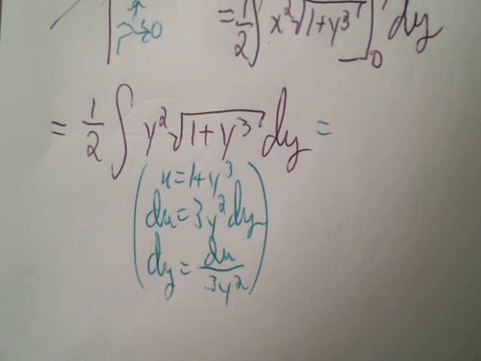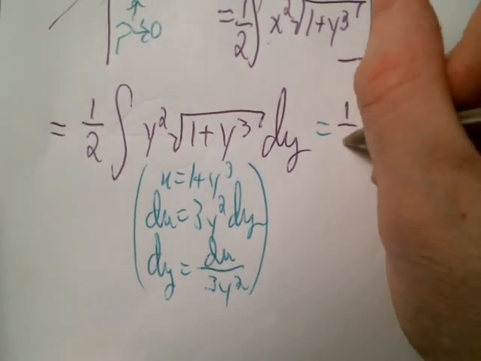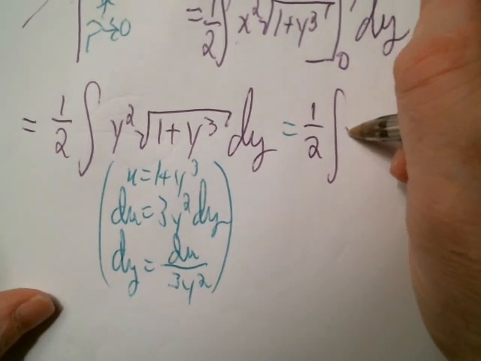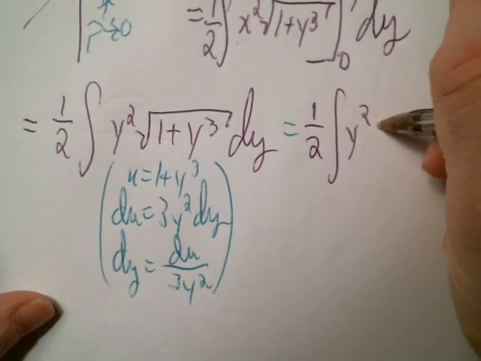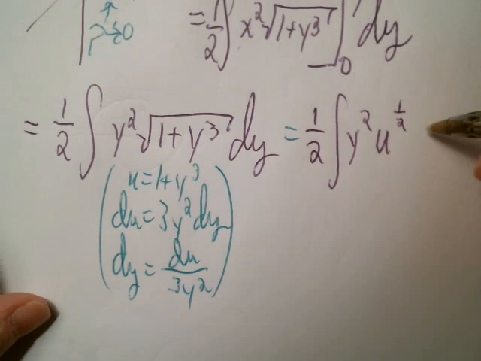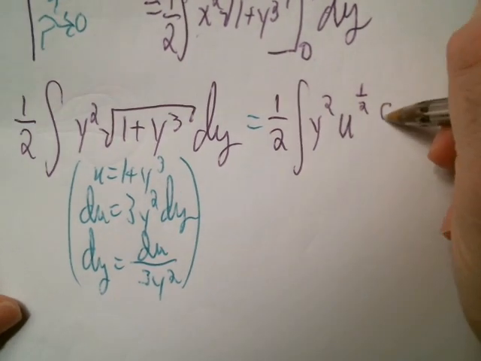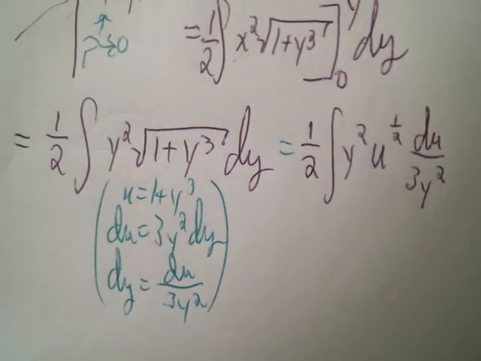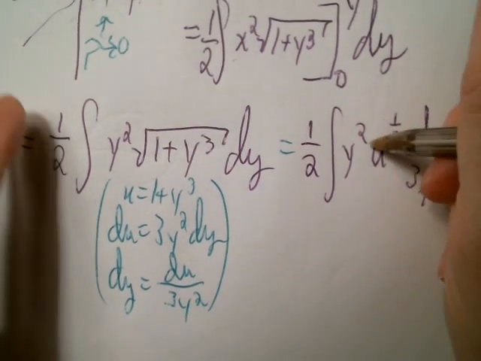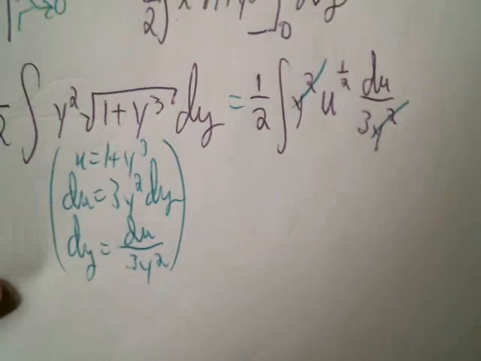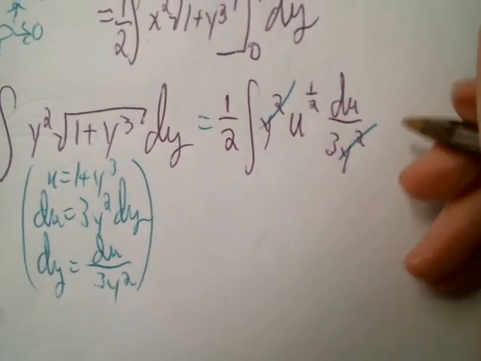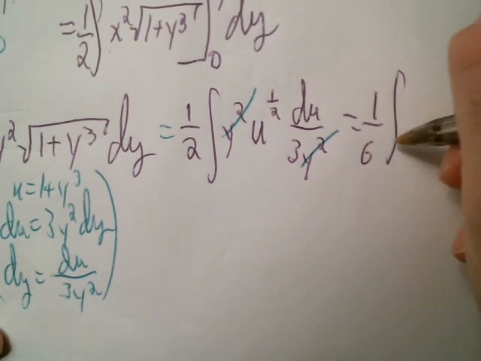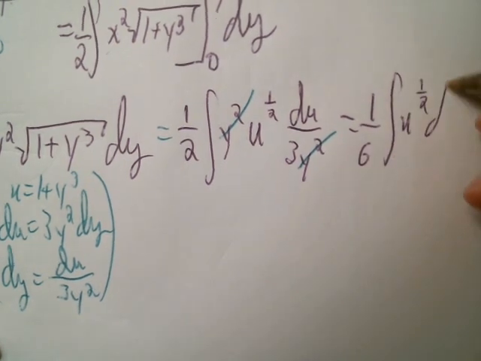This will become, in my new variable, 1/2 the integral of y squared times the square root of u, but I'll write that as u to the 1/2, times dy, which is now du all over 3y squared. And so I can remove the y squares. I get another constant factor of 1/3, and if you pull that in front, you're going to get 1/6. And then you have the integral of u to the 1/2 du.